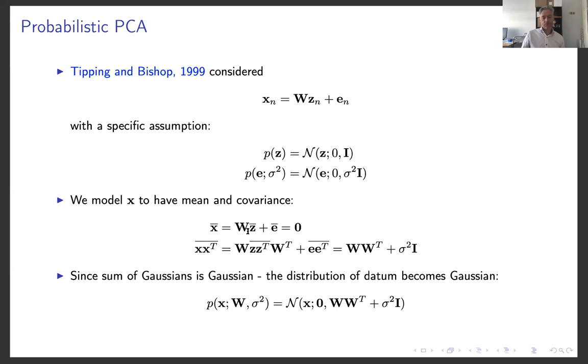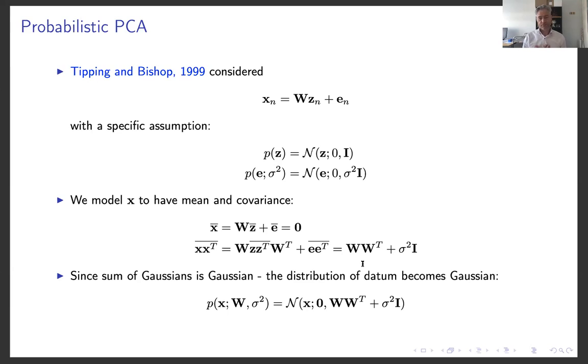The mean value is 0 because the mean is the sum of two mean zero variables like this, and the covariance, you can see according to this line, is simply given by W W transpose plus a diagonal corresponding to the noise term here, right? So we have no dependence between the latent and the noise. Since both z and E are Gaussian, then x will also be modeled as a Gaussian. So we can write down the likelihood for one data point as a normal distribution with this particular form for the covariance.